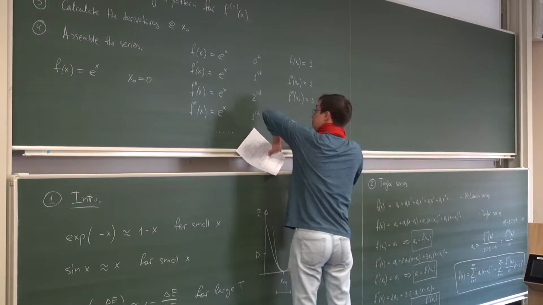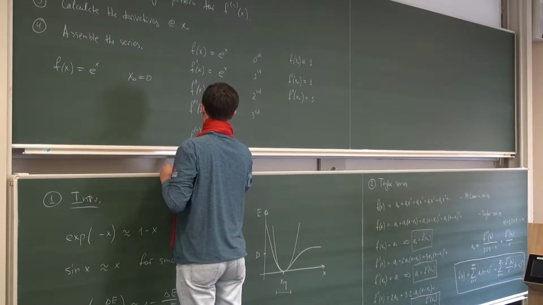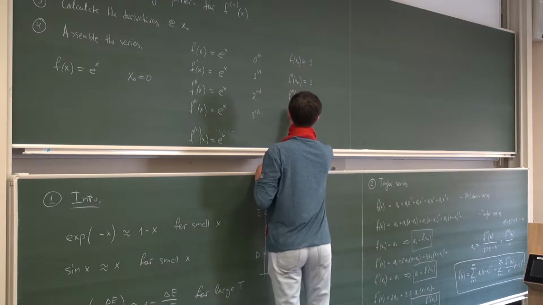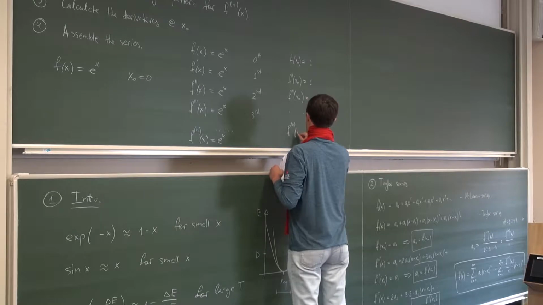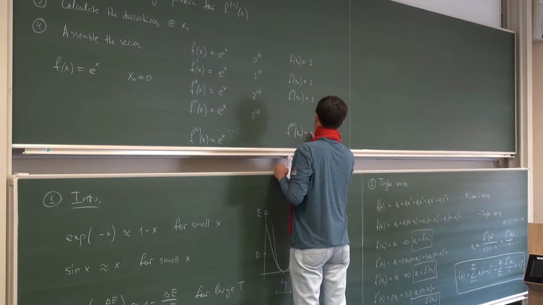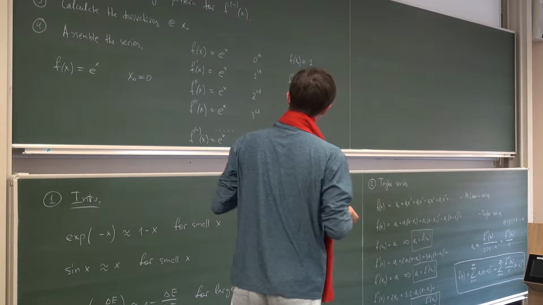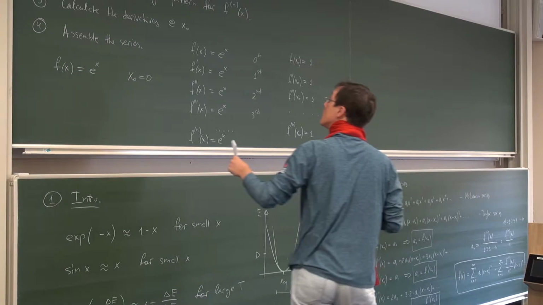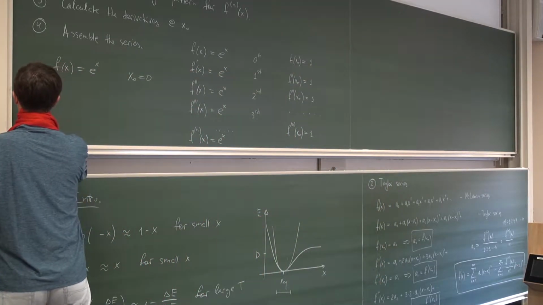And of course, in here, f nth derivative of x will be e to the x. And then here, f nth derivative at x naught will be 1. All right, well, we do actually know all of these coefficients we need to assemble the Taylor series.